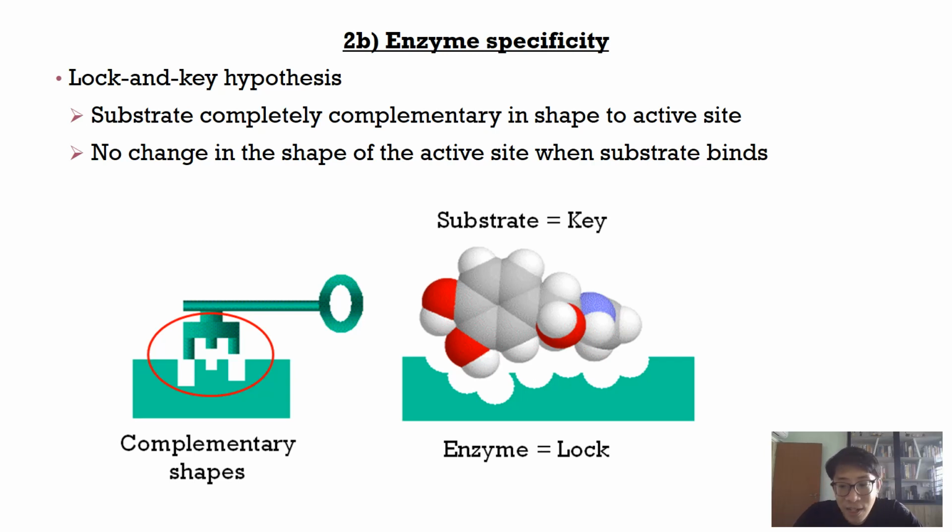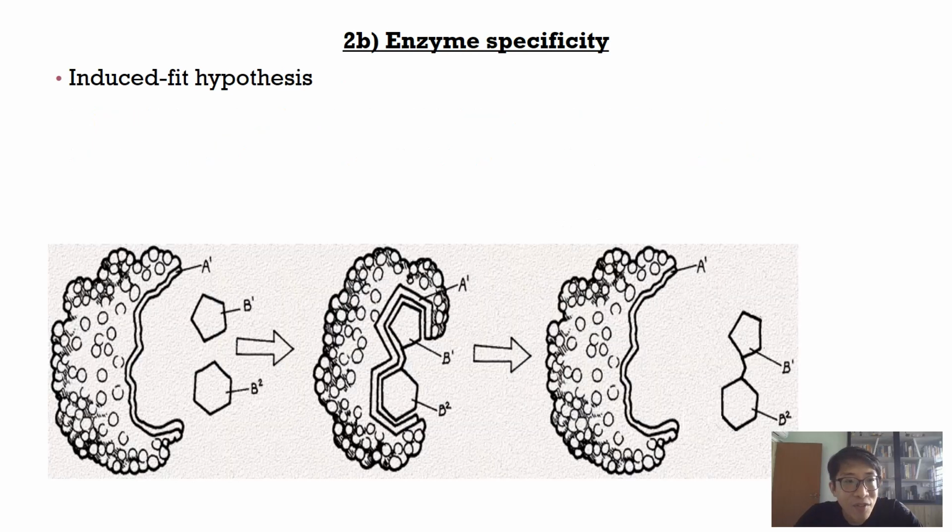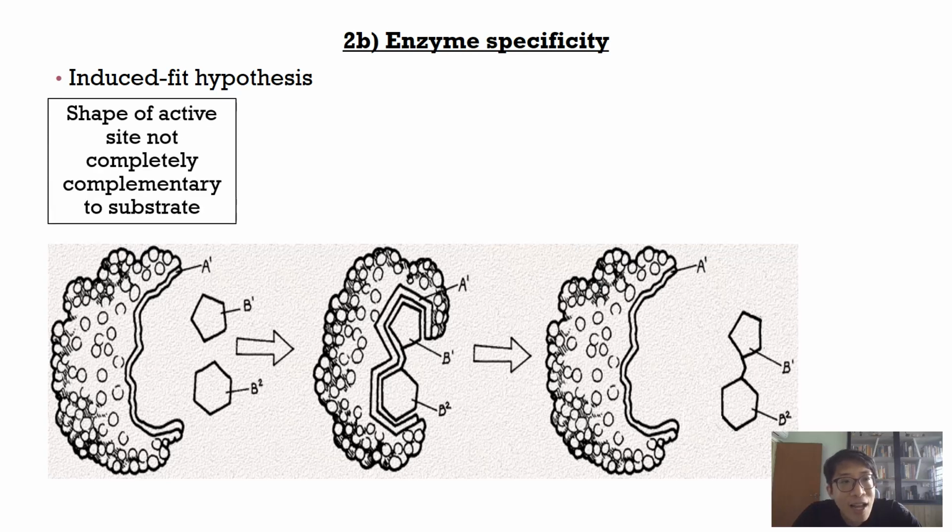However, some years after the lock and key hypothesis, a modified hypothesis was proposed, and it is known as the induced fit hypothesis. This hypothesis suggests that the shape of the active site is not completely complementary to the substrate in the beginning.